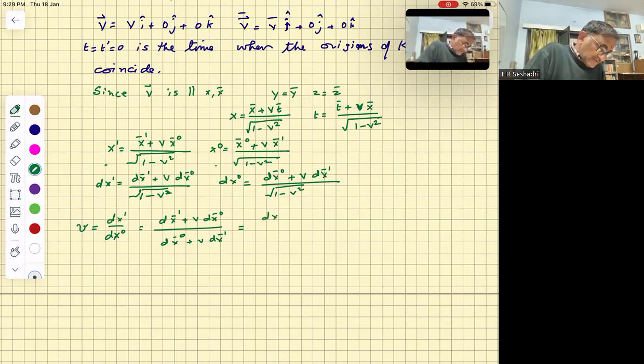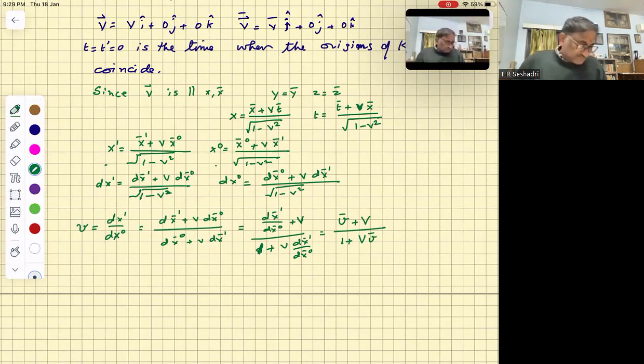So I have dx bar 1 by dx bar 0 plus v, divided by 1 plus v dx bar 1 by dx bar 0. And so this is equal to v bar plus v divided by 1 plus v v bar. Okay. So this tells you how the velocity of a particle transforms from one system to another.